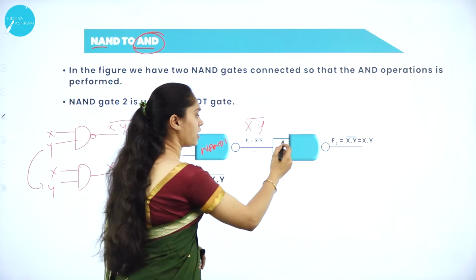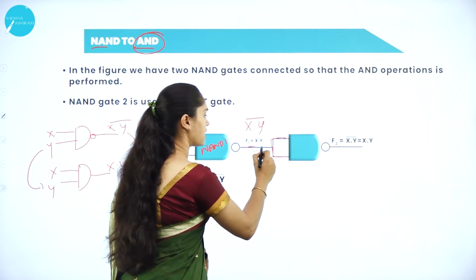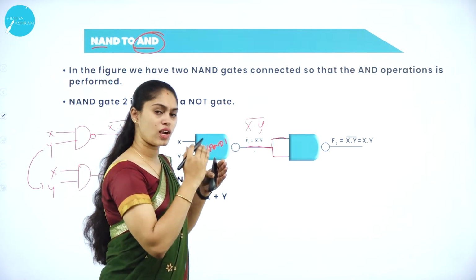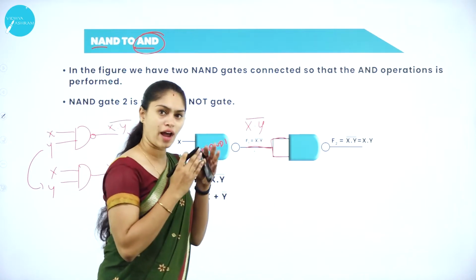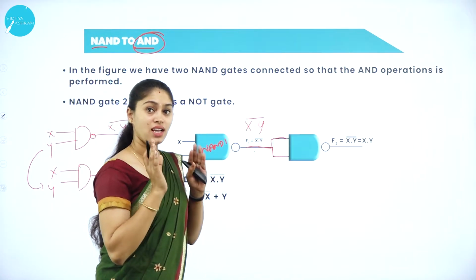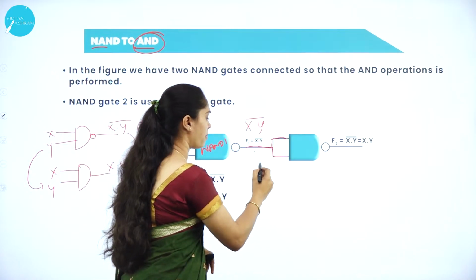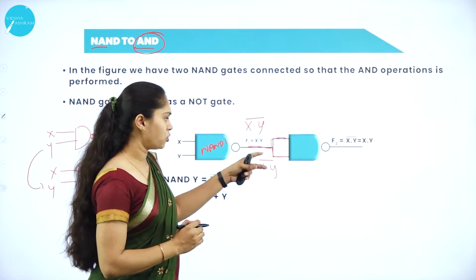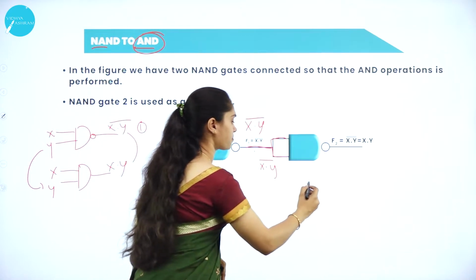Here I am shorting the two inputs into a single input signal. So (x dot y) whole bar is the input, but when I short them, both the inputs are the same: (x dot y) whole bar and (x dot y) whole bar. These two are the inputs I am giving to this gate.